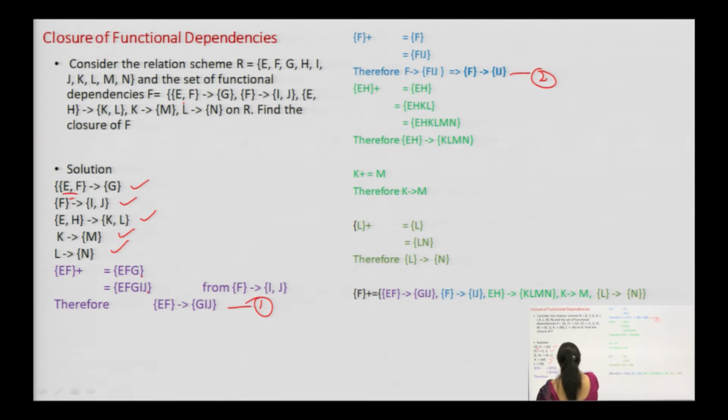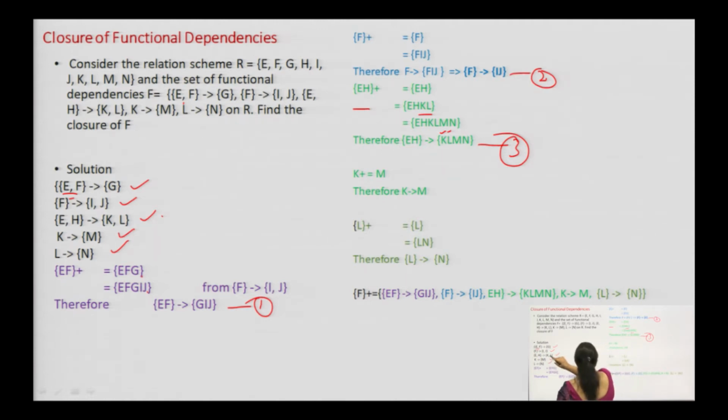The third functional dependency that is given to us is E H determines K L. So, we will find the closure of E H. We will have E H determines E H, K L from E H to K L. Then we have K determines M, we get the M here, and L determines N, we get the N here. So, E H determines K L M N, which is the third.